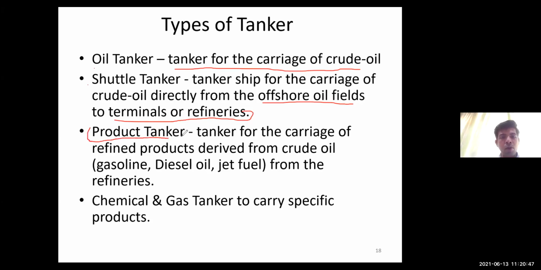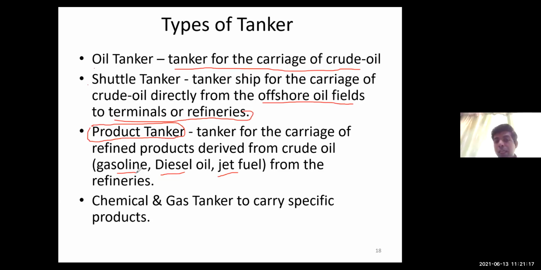Product tanker. Now what is a product tanker? Gentlemen, basically these product tankers carry the fine products of crude oil. See, crude oil you directly obtain from mother earth. After refining in the oil refineries, the products we get are diesel oil, jet fuel, gasoline, petrol.